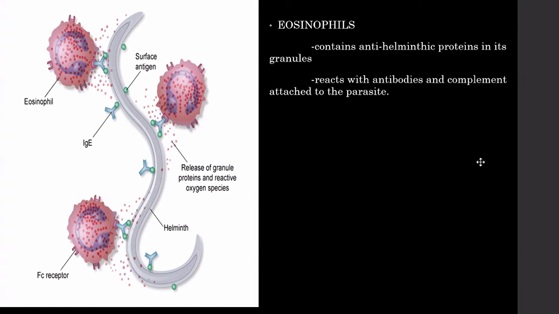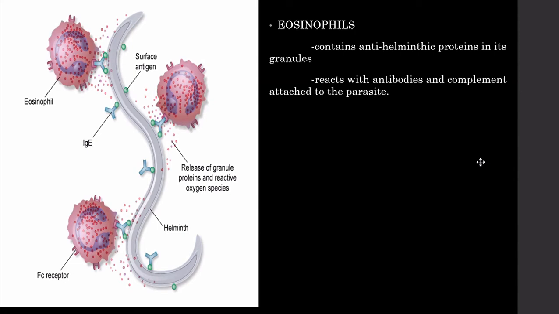So if on physical exam your eosinophils are high on the differential count, you know what to do. Just deworm. The eosinophils have a very, very important major basic protein in their granules. That is their main anti-helminthic protein, your major basic protein.